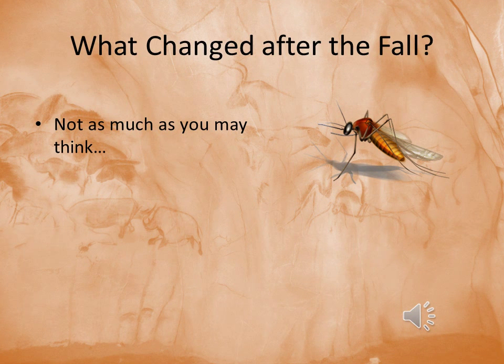So, what changed after the fall? We should be careful not to read too much into the text, more than really is there. It does not describe the sweeping, all-encompassing foundational alterations that many people associate with the fall. We tend to have greatly exaggerated ideas about how the world changed when Adam sinned.